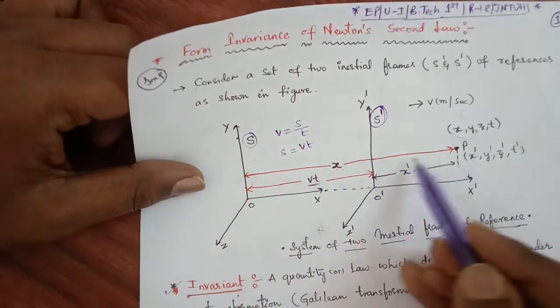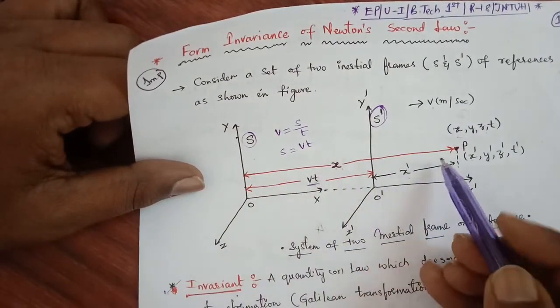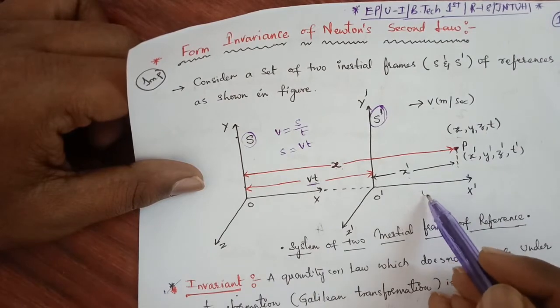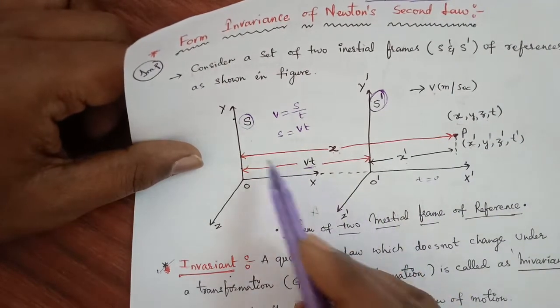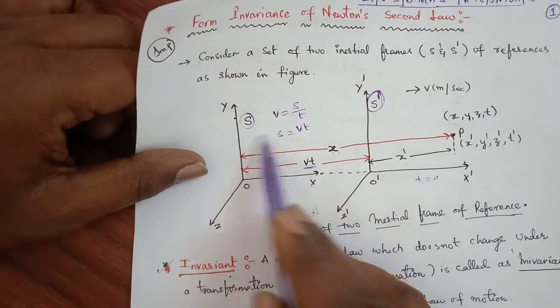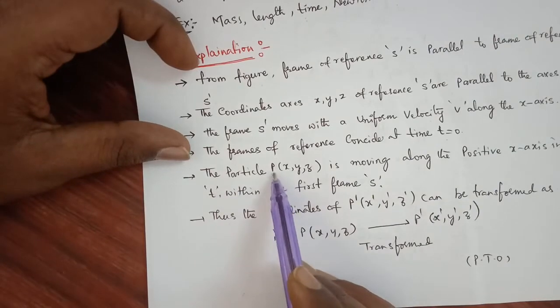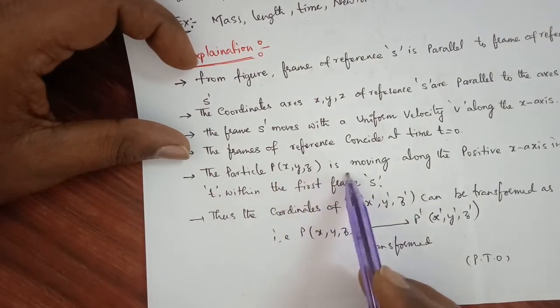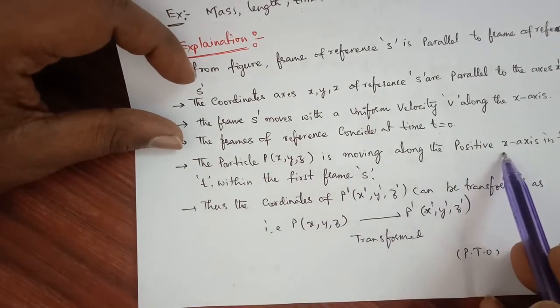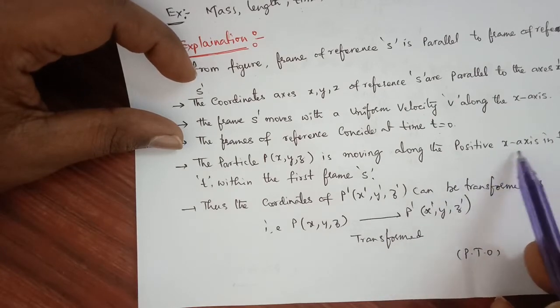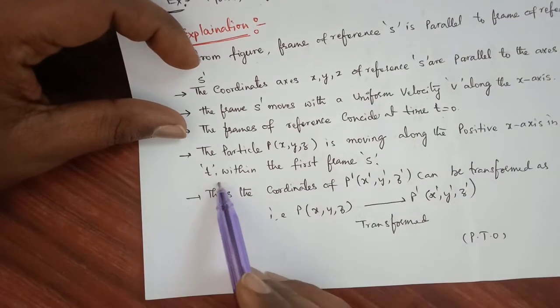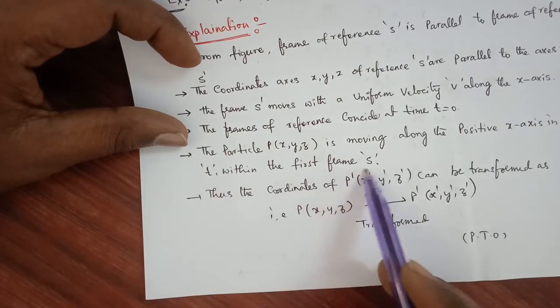So after covering some distance, at time t equals 0, the S frame will meet the S dash frame. Then the particle P of x, y, z is moving along the positive x axis in a time t with the first frame S.